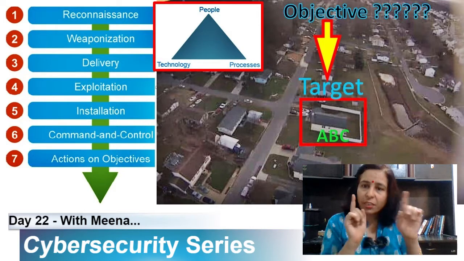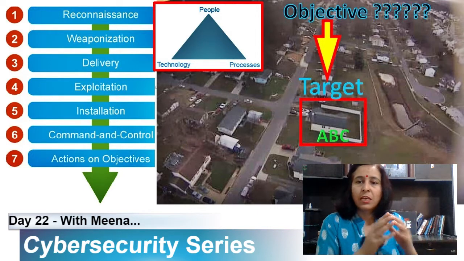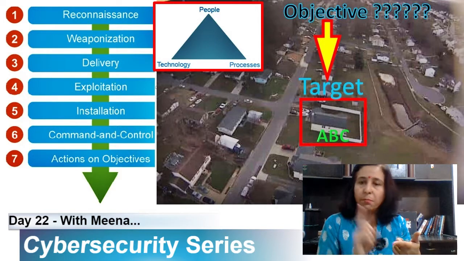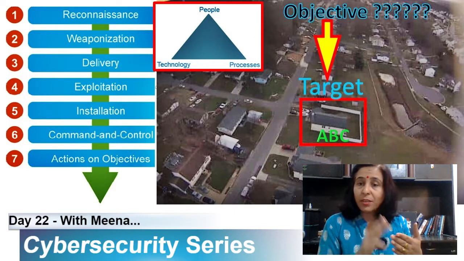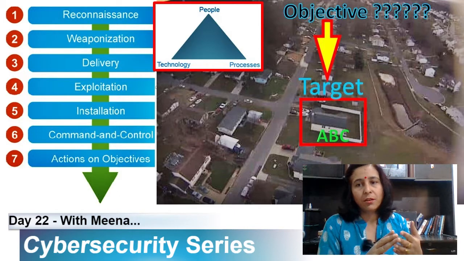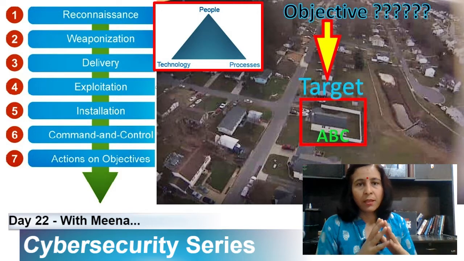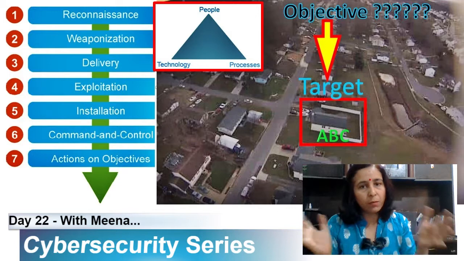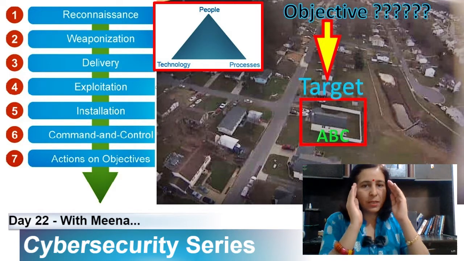After defining what they will achieve, they find their target. Who will be their target? The target can be a person, an organization, a company, a government, a state, a country, or it can be mass consumers. Then after defining who the target is, they will focus on that specific target.